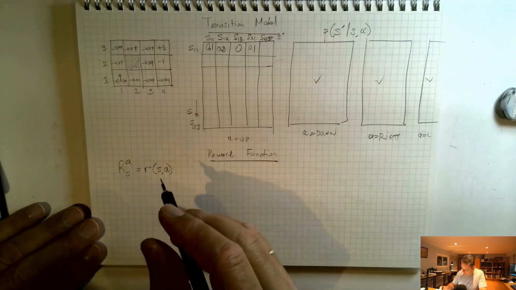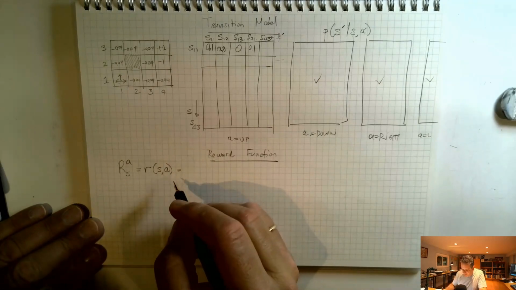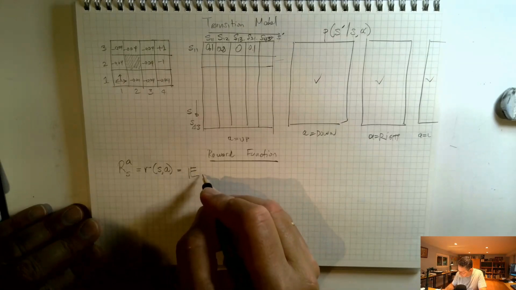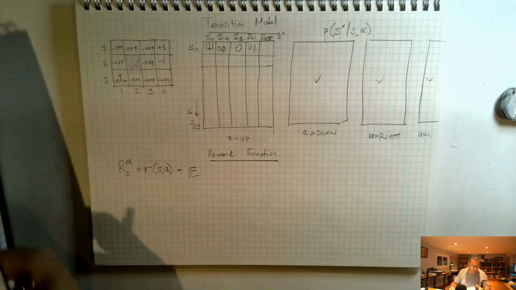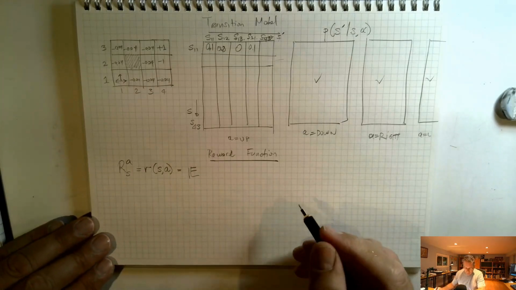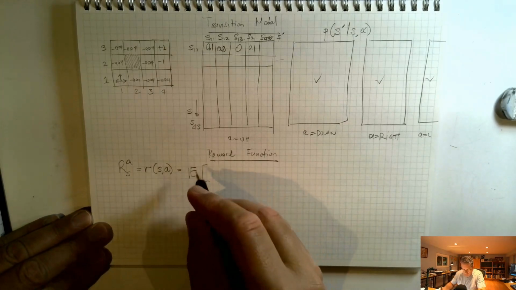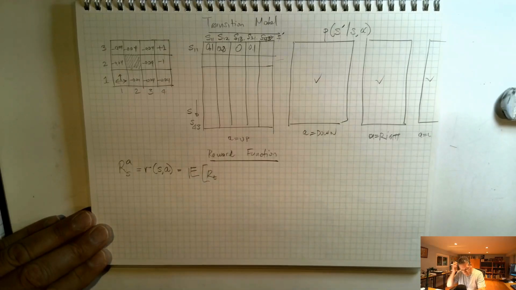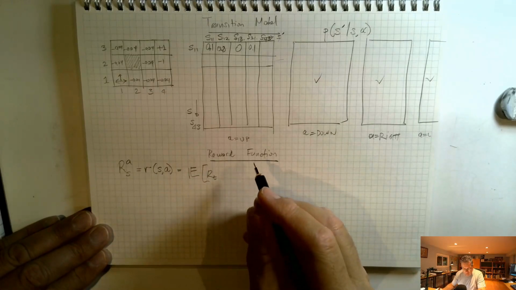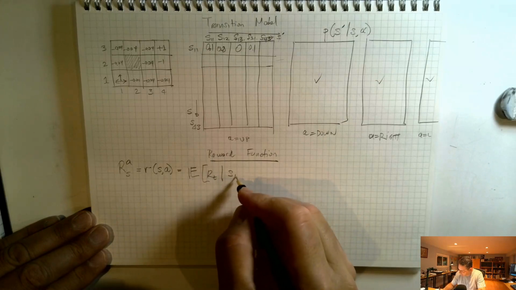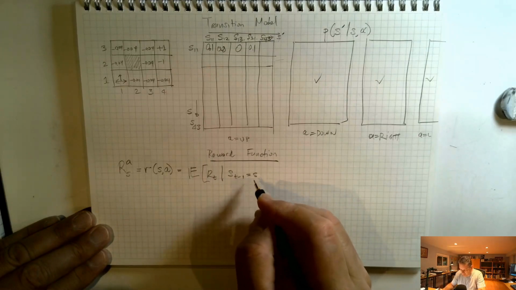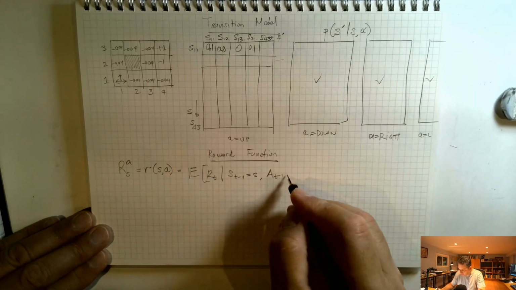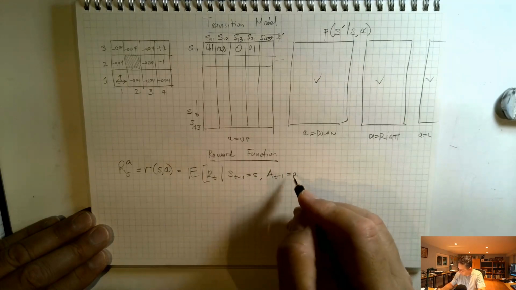Okay, and this actually is an expectation operation. Expectation over the reward R_t at time instant t, given that we were in S_{t-1} equal to s, and took an action A_{t-1} equal to a.